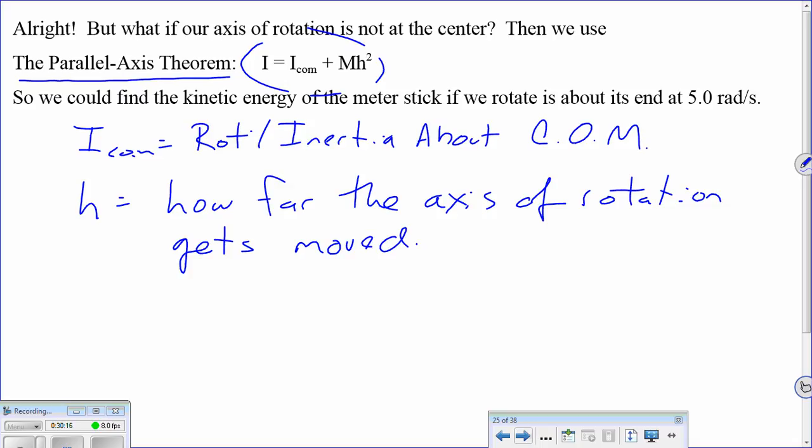All right, so in a minute, we're going to find the kinetic energy of the meter stick rotated around the end. I realized I forgot to do something on the last slide. This is why I had the blank slide.